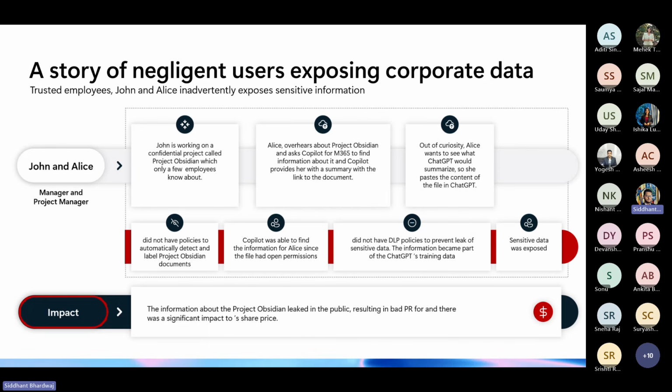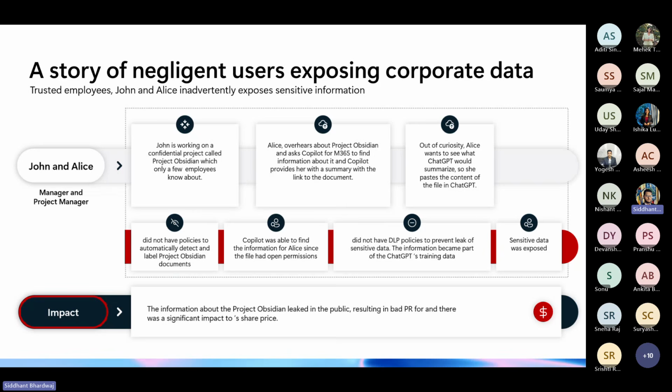Alice overhears the words Project Obsidian, and she goes to her Copilot. If any of you have attended our Copilot sessions, you know M365 Copilot has context to our internal work profile. She tried to find out information about Project Obsidian.